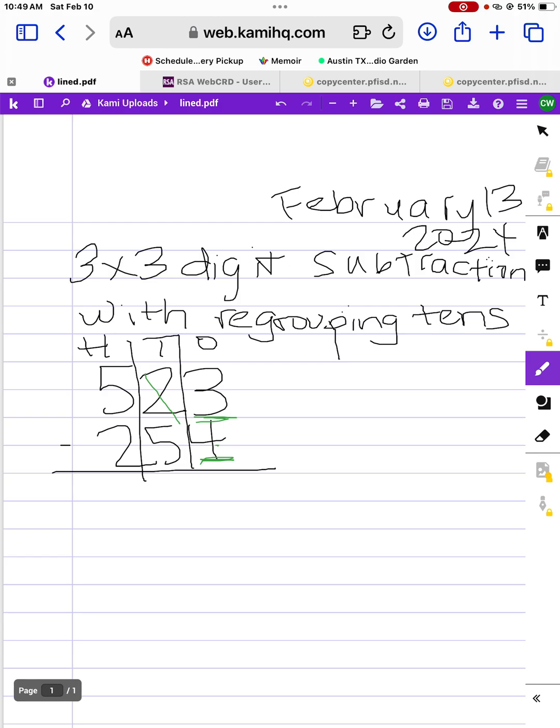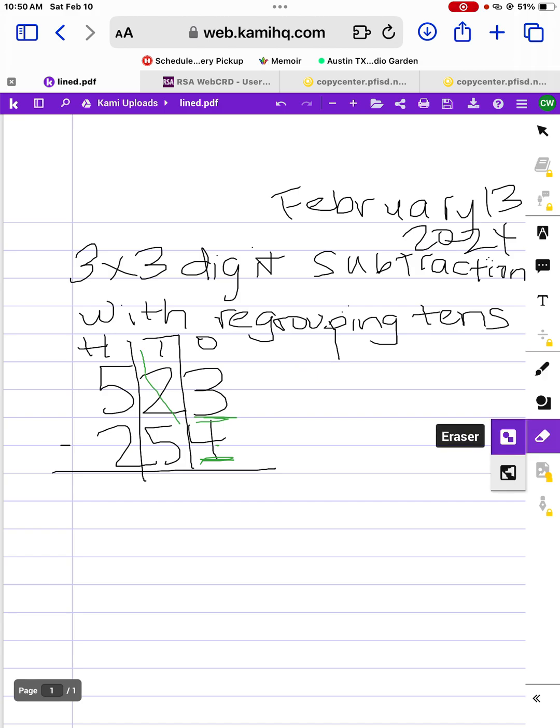And at 2, I have 2 tens, right? So I'm taking one of those tens away because I got to add some to my ones place. So if I'm taking 1 ten away from the 2 tens, that leaves me with 1 ten left. So I'm going to write a 1 above it because that's my new number. Then I know I'm going to take that 10 and I have 3 ones here.